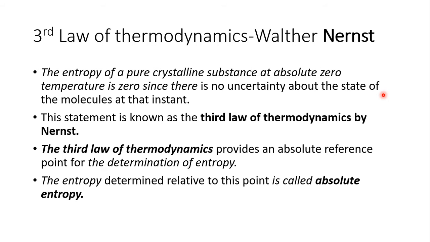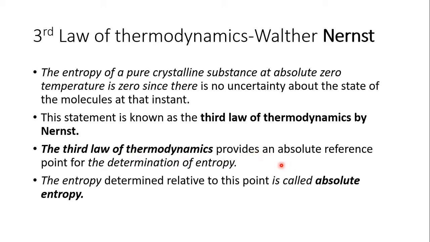Now we'll go back to the third law of thermodynamics, which we had seen in the previous slide. It was given by Walter Nernst. So what is the third law of thermodynamics statement? The entropy of a pure crystalline substance at absolute zero is 0. Now what is the importance of this?